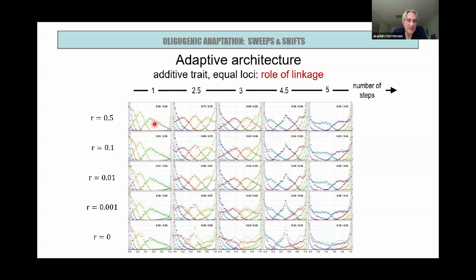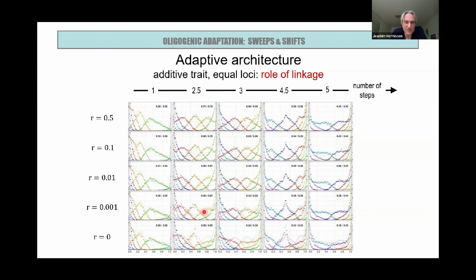And the main message certainly is, if you look down these columns, what you always see is that very little changes until we reach, in the end, R equals 0, so loci that are completely, entirely linked. There, really visible changes appear.